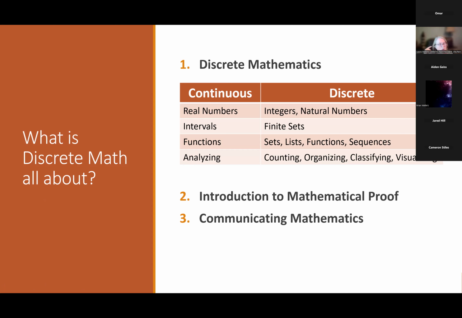When I think about discrete, I think about things that I can count. I can count the integers, I can count the natural numbers. If I have a set, I can count the number of objects in a set. So there's lots of things that fall into a discrete category versus things that are more considered continuous.